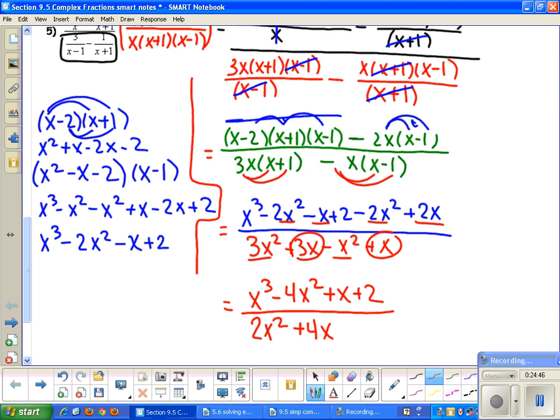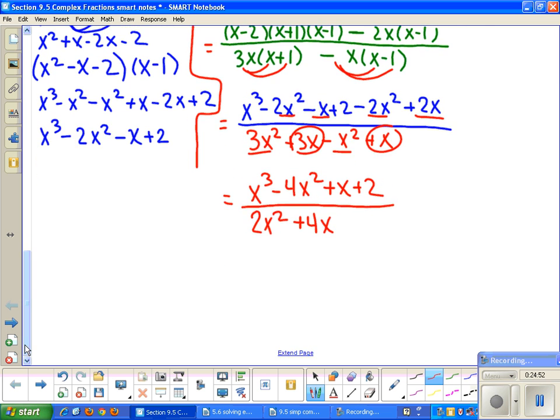So before I say that this is my solution, I would want to see if I can factor this and simplify it any further now that I've combined everything together. So if I try to do factor by grouping with x cubed minus 4x squared plus x plus 2, if I group these two together and group these two together, I can factor out x squared here, and that would then be times x minus 4.